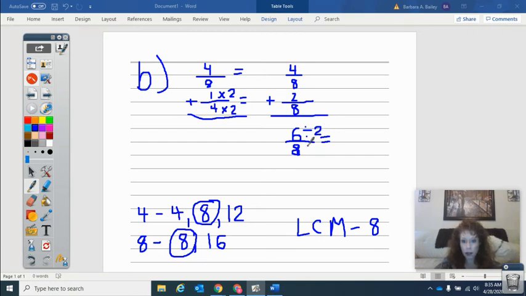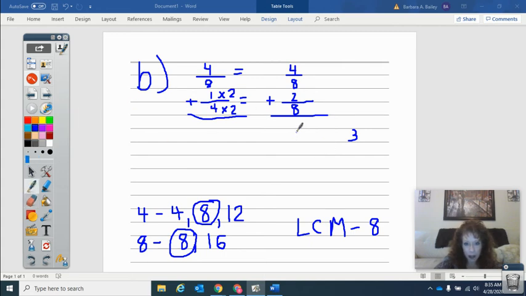Divide your numerator and denominator by 2 or by 3 and see what you get. So 6 divided by 2 is 3. Oh, I wrote the wrong thing. I'm sorry. That's a bad mistake. I need to divide by the same number in the numerator, same number in the denominator.